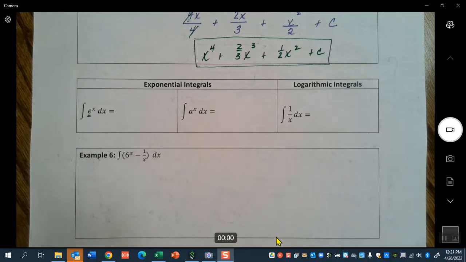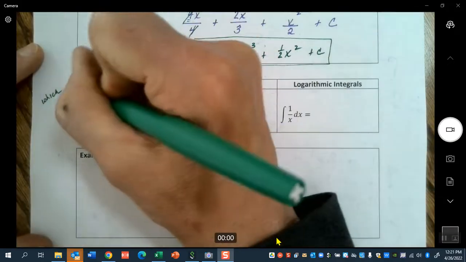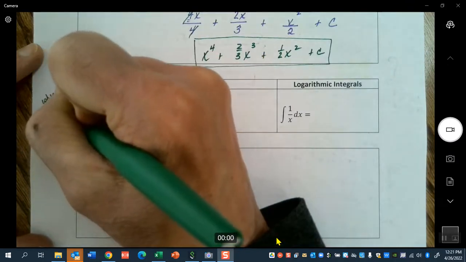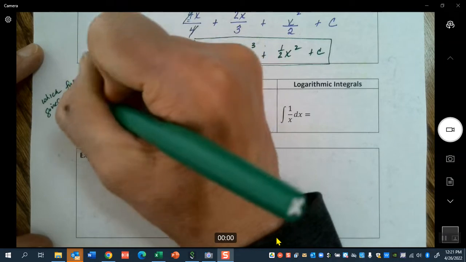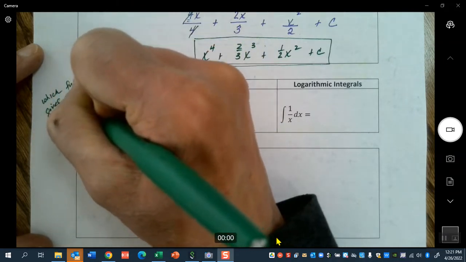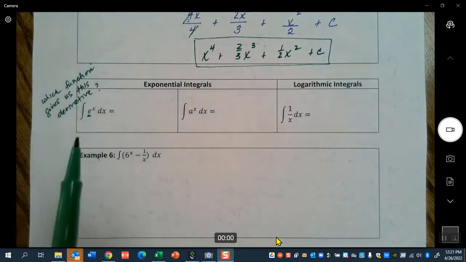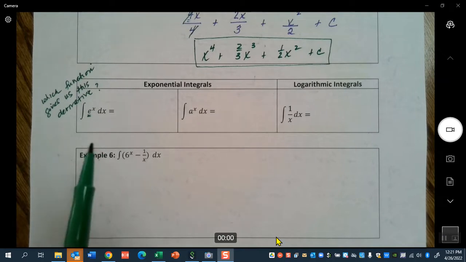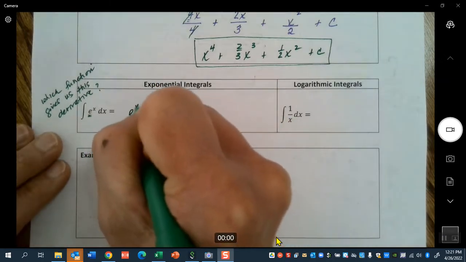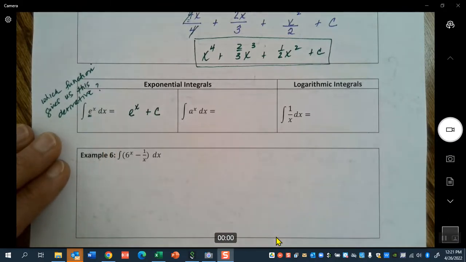So what we have to ask ourselves is which function gives us this derivative. So my original function that gives me a derivative of e to the x, yep, is e to the x. Don't forget your plus c.